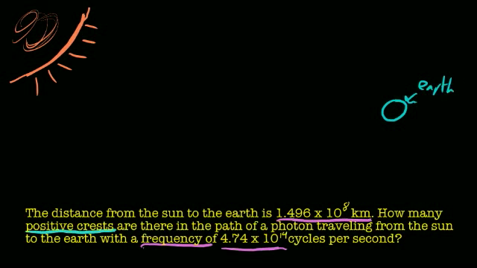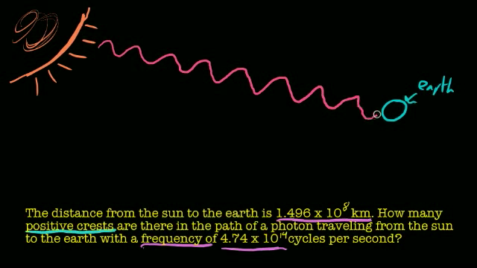And now we've got our photon that's traveling from the Sun to the Earth, and we know its frequency. If we were just going to draw the path of the photon, it would look something like this, right? We would have our wave across the distance from the Sun to the Earth until it eventually got to the Earth.